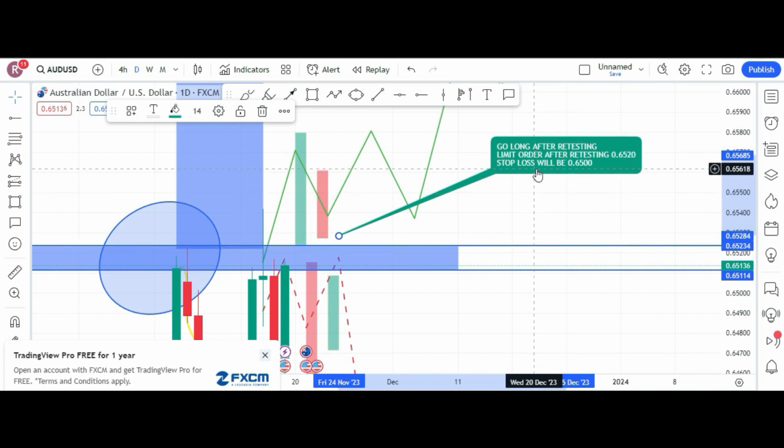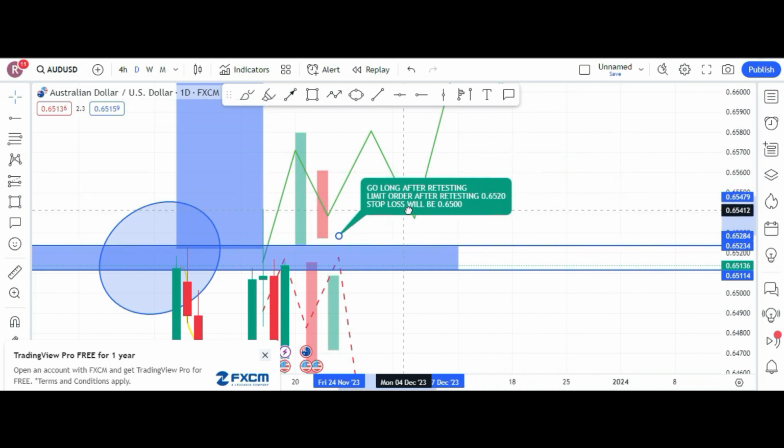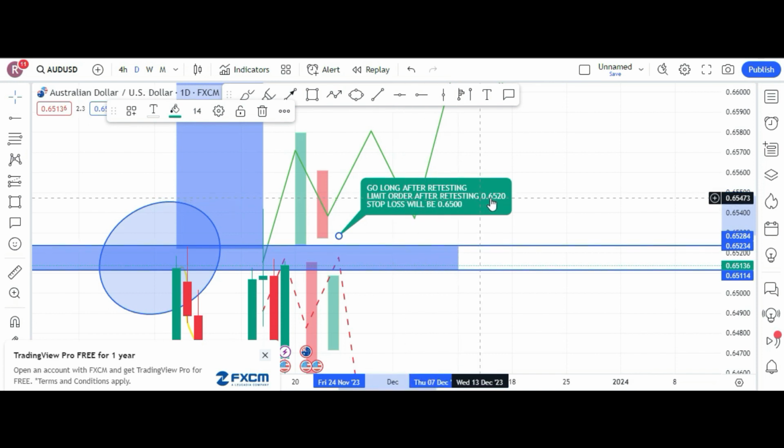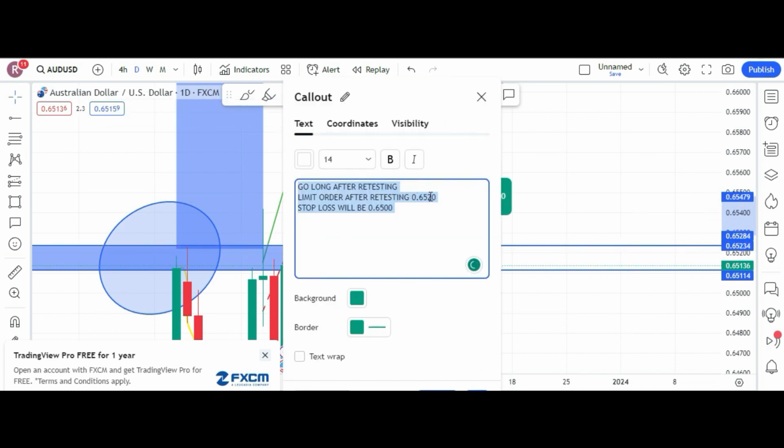So that is the best I can say. Go long after retesting. Limit order after retesting will be 0.6520, and stop loss will be 0.6500. I am putting the order somewhere here, because a lot of people will give their stop loss just below this line. So no, I would like to make it less.